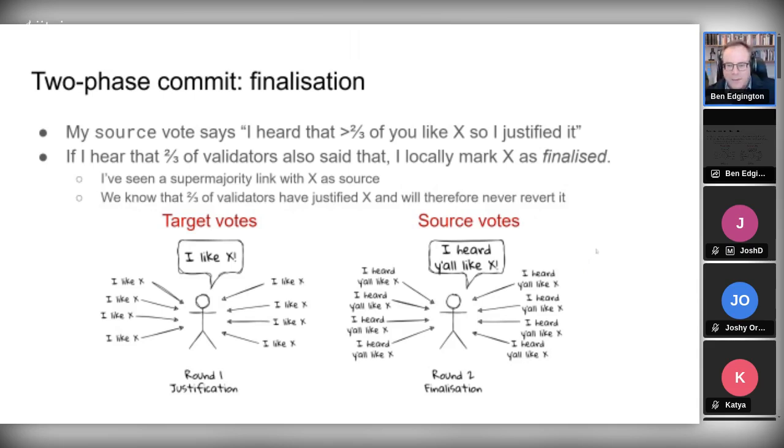But effectively, justification is my local version of finalization. I will never revert justification as a node because basically I'll get slashed for it. So you can think of finalization as just a kind of cherry on top. It's not a big deal as a node. The key thing is justification, and that might answer, I think it was Raj's question earlier.